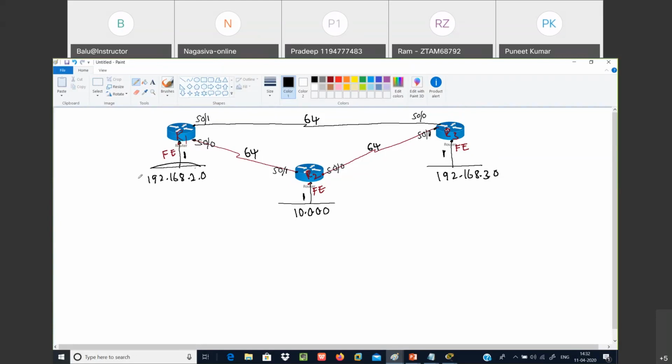From R1 LAN to reach R2, how many paths are available? I can go via the serial 0/0 interface, and I can go via the serial 0/1 interface, right? Two paths. If I go via serial 0/0, what was the cost here?